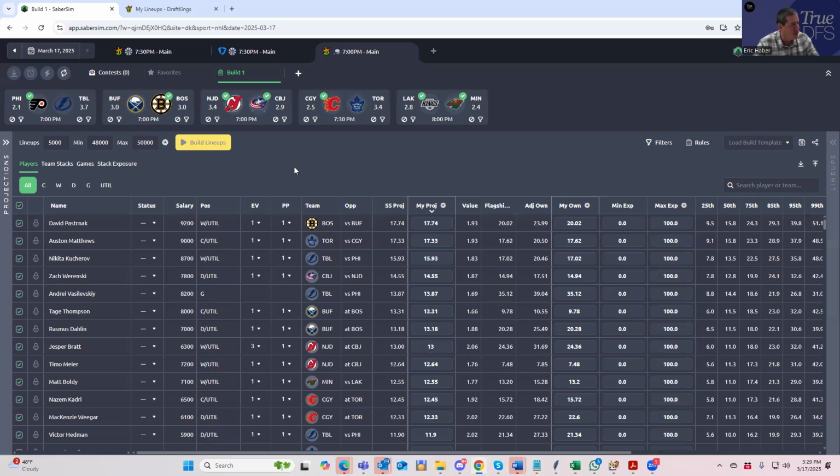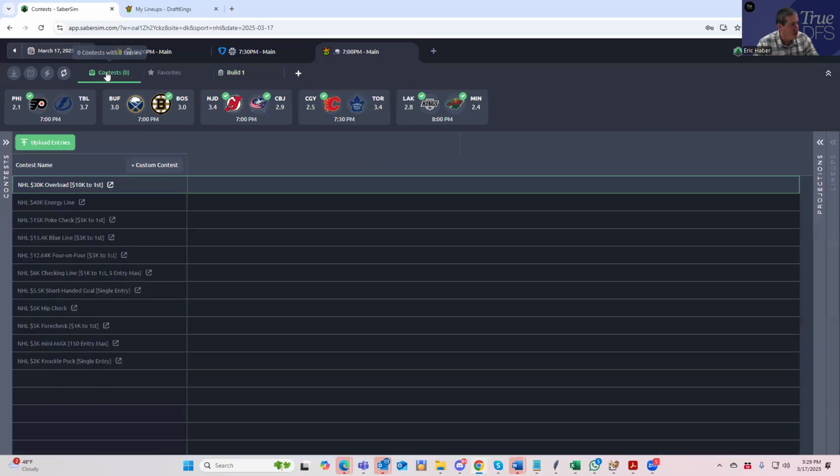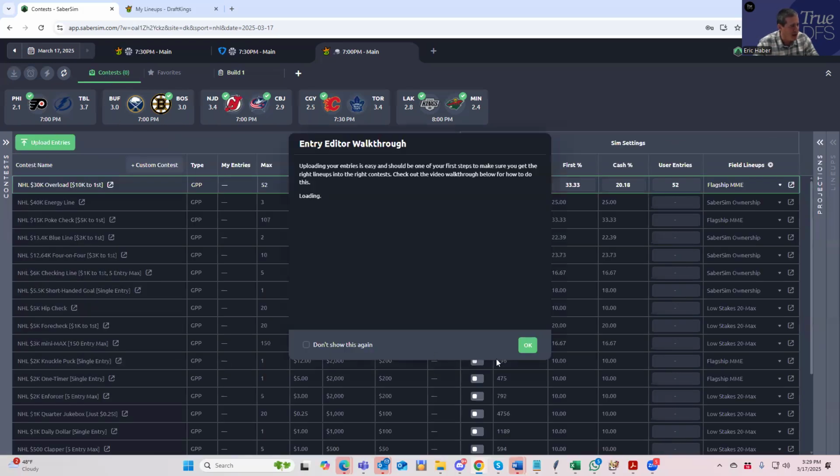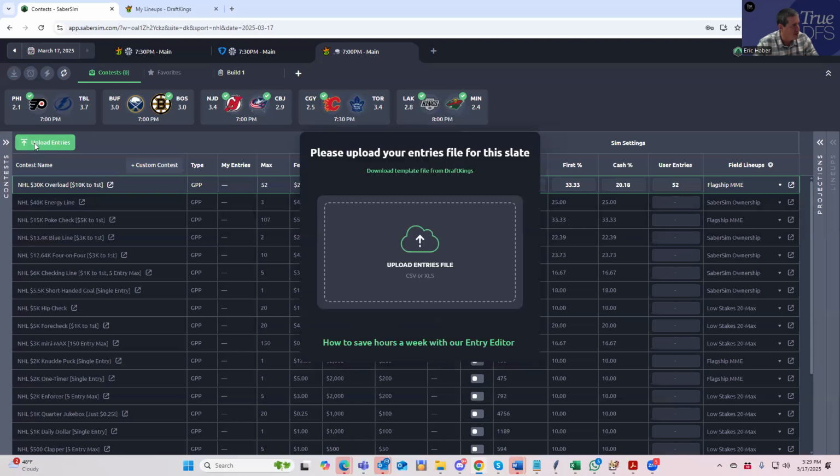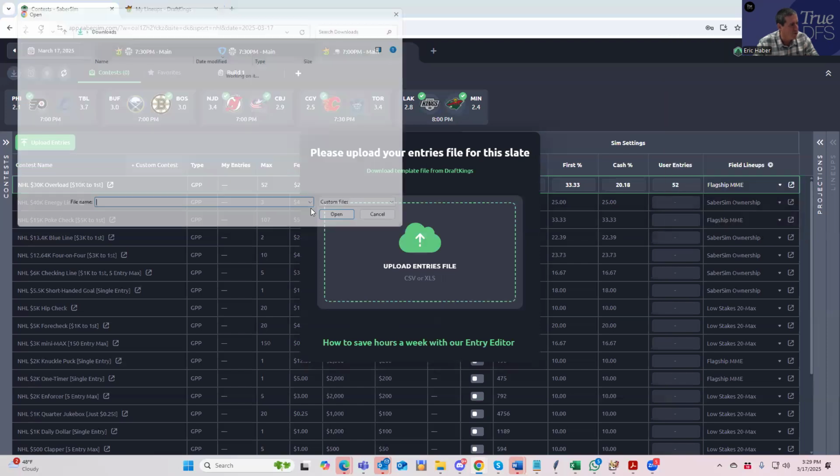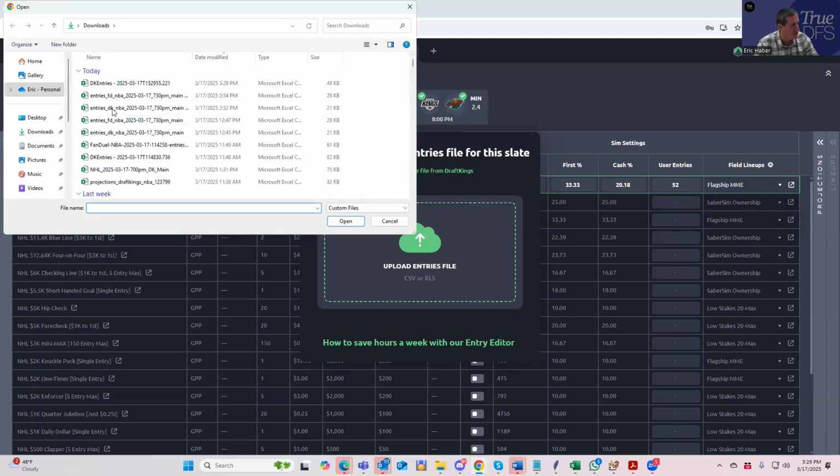But before I do that, I always like to upload my dummy lineups to SaberSim just so that I have them. The reason I do that is, should I opt to use the contest sims, I will have that information already entered. For example, we'll hit download template from DraftKings, and I've already saved these, so I cheated a little bit in DraftKings.